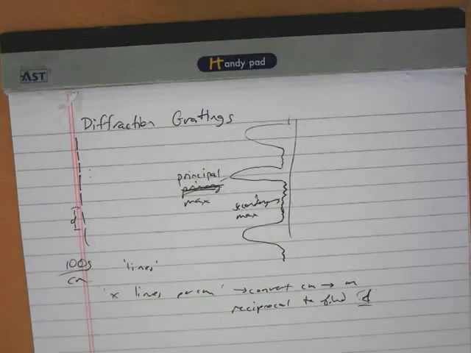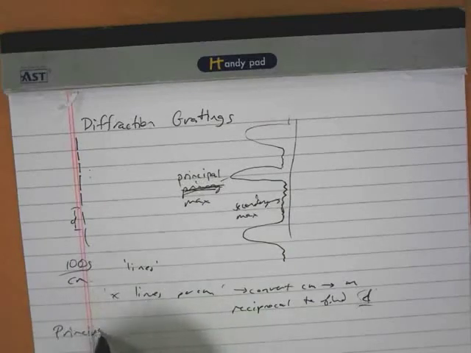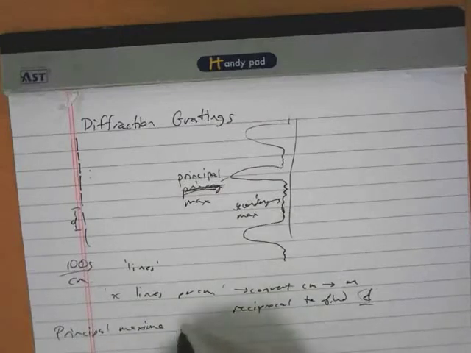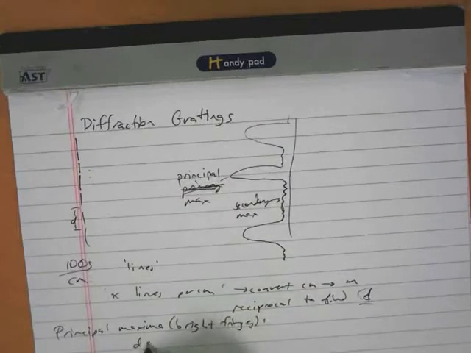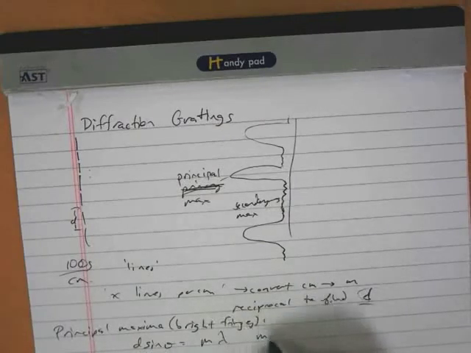All right. And just like for our two-slit, for these principal maxima we can do some of the same geometry and trigonometry. The principal maxima, which are bright fringes, show up where d sine theta is a multiple of the wavelength in question.